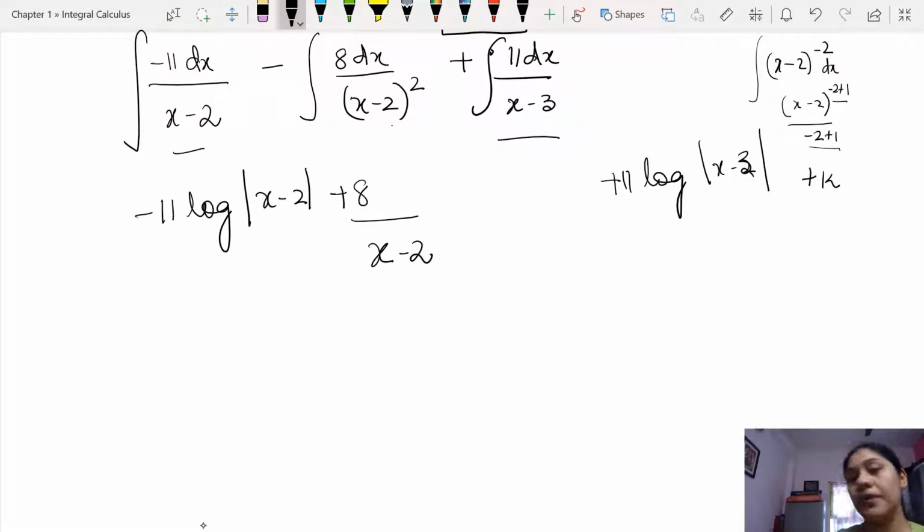Now shall we go to type 3? Let's go to type 3.